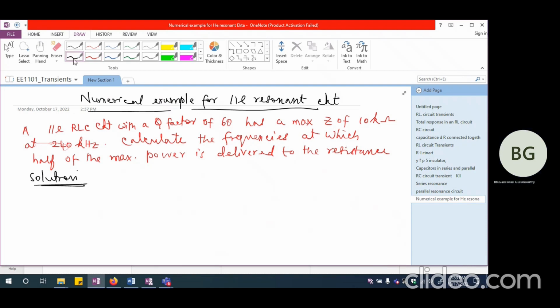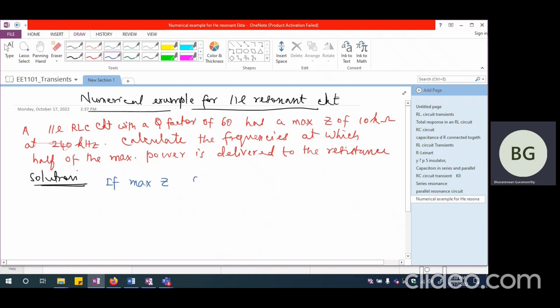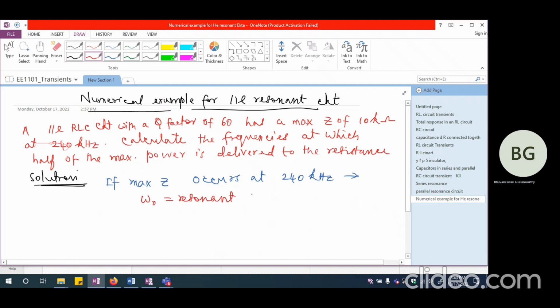First of all, if maximum impedance occurs at 240 kilohertz, we are going to have omega naught, that is the resonant frequency, equal to 240 kilohertz.